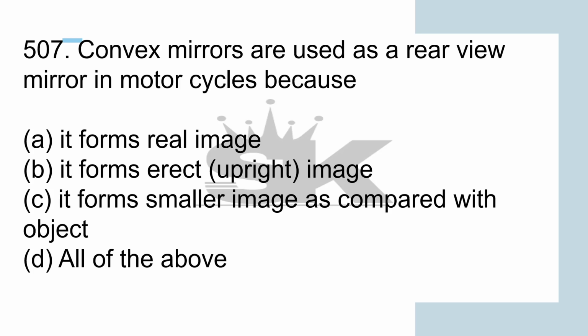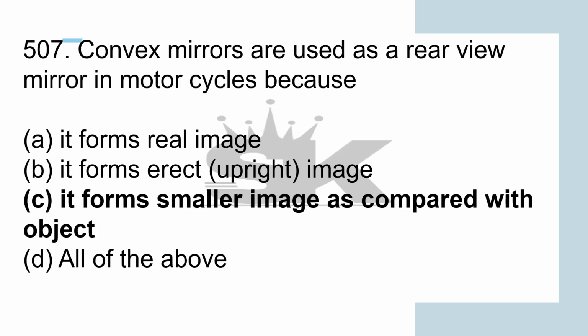They are used whenever a mirror with a large field of view is needed. For example, a passenger side rear view mirror on a car is convex. So here the answer is it forms a smaller image as compared to the object.